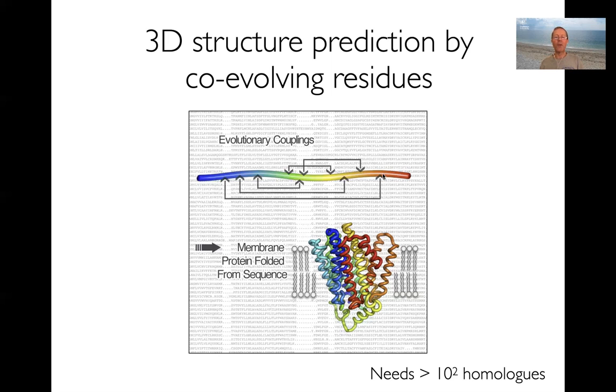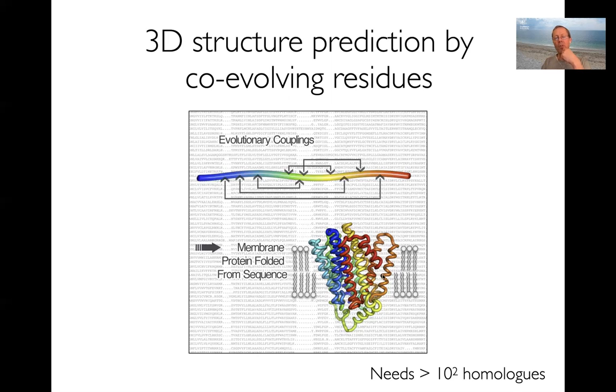This is quite similar to how you solve structures with NMR experimentally, because there you can measure distances between two nuclei. And if you have a number of these pairwise distances, you can then basically fold your protein while observing these distance constraints. So it's essentially using the same methodology.